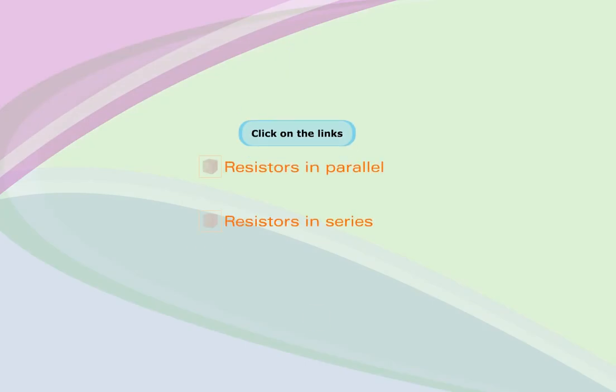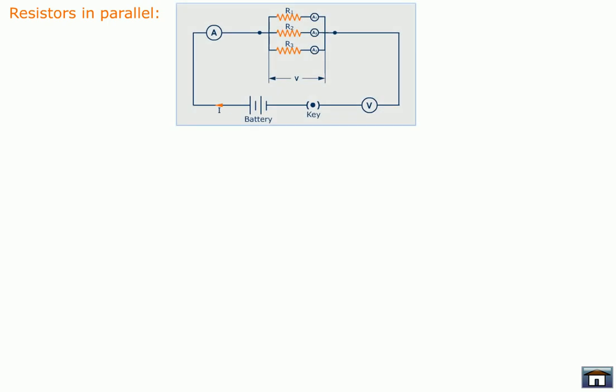Now we are going to see resistors in parallel. Look here. R1, R2, R3 are connected in parallel and the voltage is the same at all the ends of resistors R1, R2 and R3.